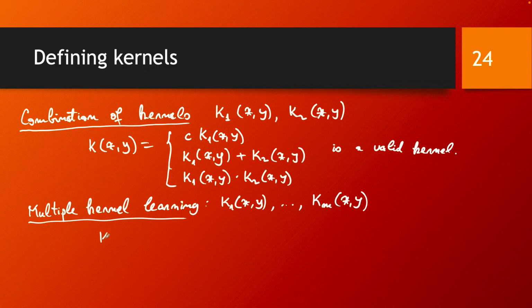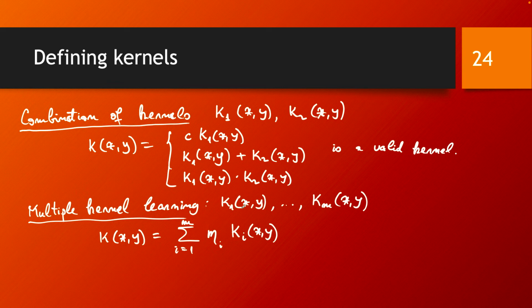You just define a new kernel, K of x y, as a weighted sum of these, the sum from 1 to m of some coefficient applied to each one of these kernels. Then in your cross-validation method, you are going to figure out what these coefficients are that give you the best result.